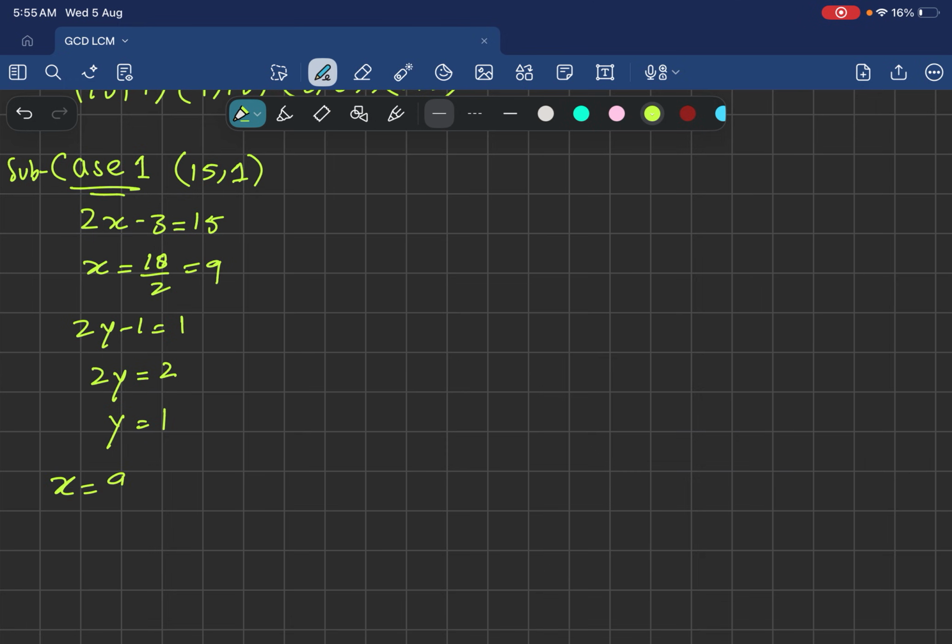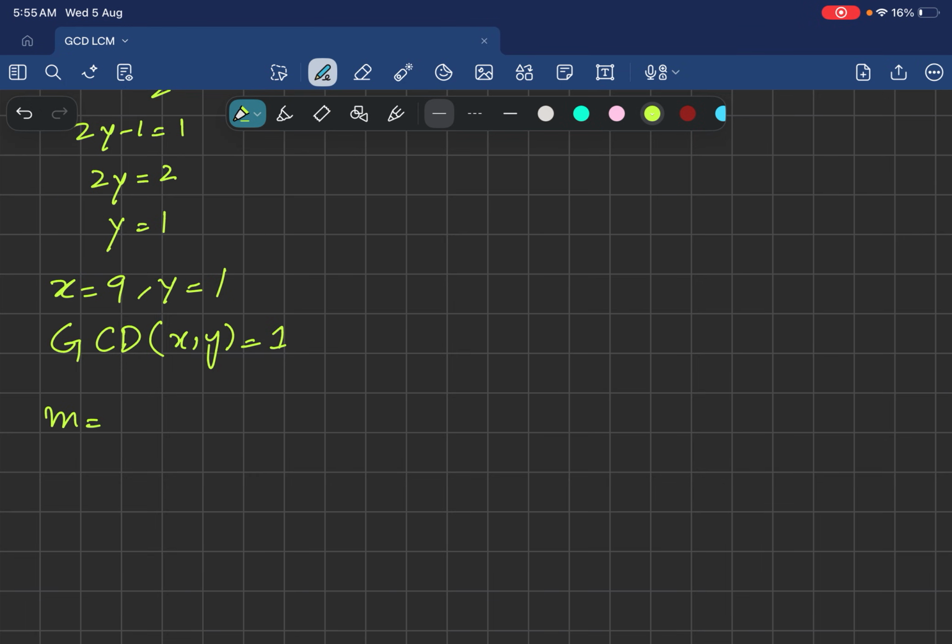Yeah, so x is equal to 9 and y is equal to 1. Their GCD of x and y is equal to 1. It works, this works.